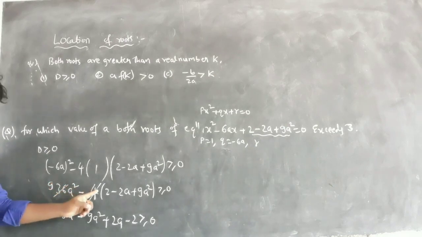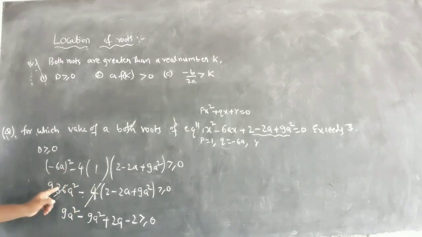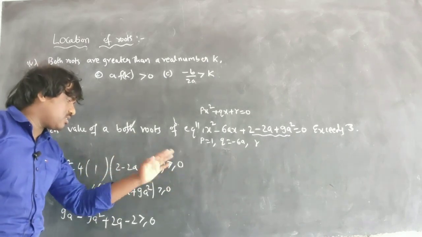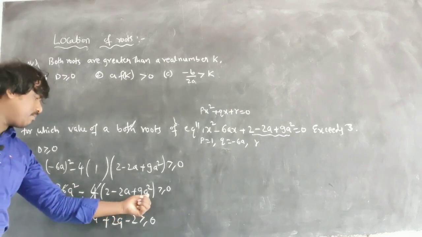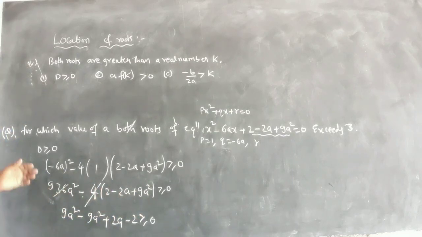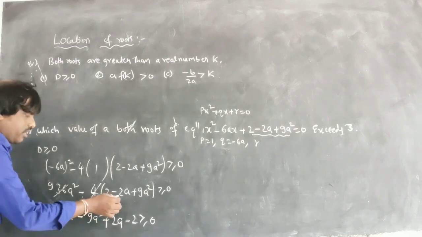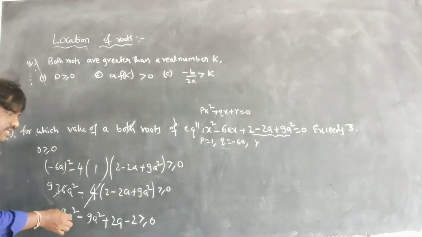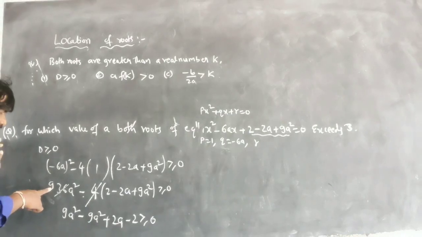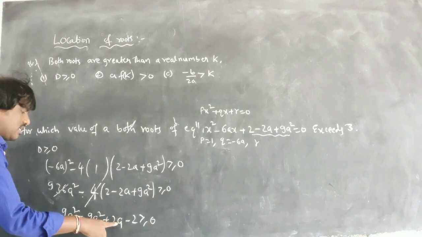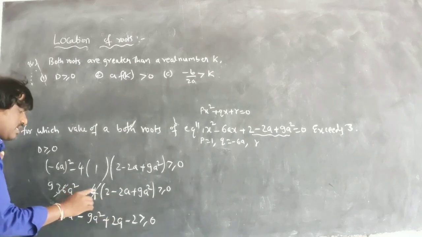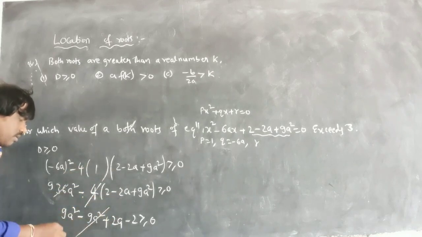What I have done is I took 4 common, so 9a square and this 4 came out, that 4 is divided here, 0 by 4 is 0, otherwise I cancel the 4. It is completely a multiple of this, and this is completely one. That's the reason I cancel. So what I got here is 9a square minus minus into minus 9a square plus 2a minus 2, so this will be cancelled.